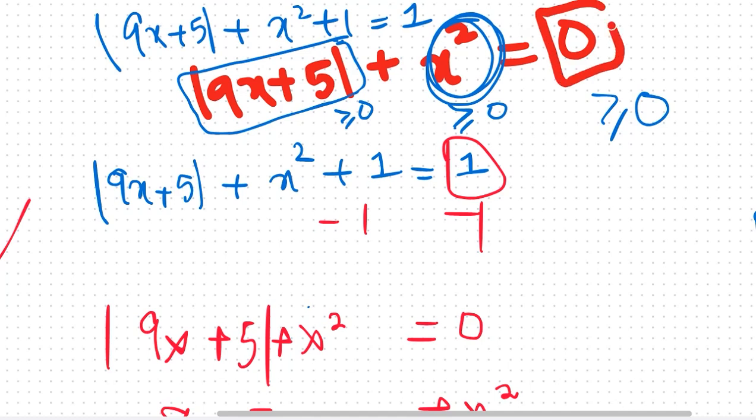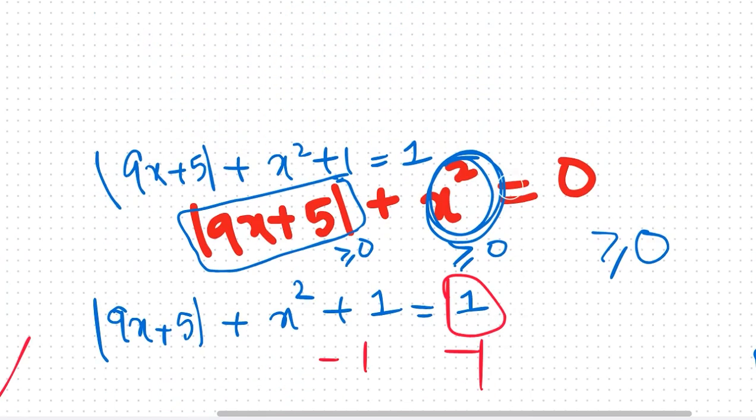Since the question says that it is equal to 0, the only possibility is 0 plus 0 equals 0. So this number has to be 0 and this number has to be 0. In that case only we have a solution. Come to the next page.